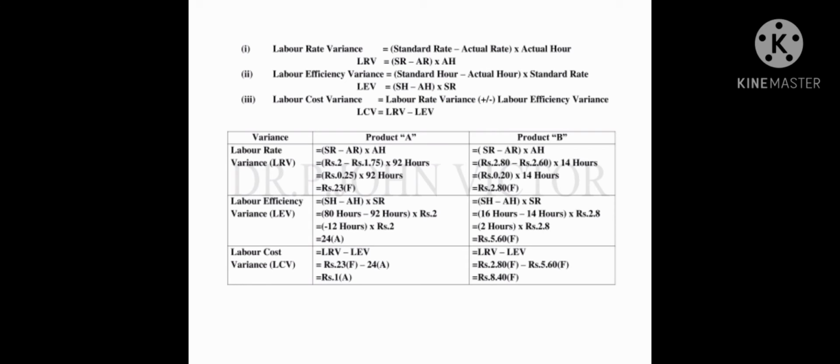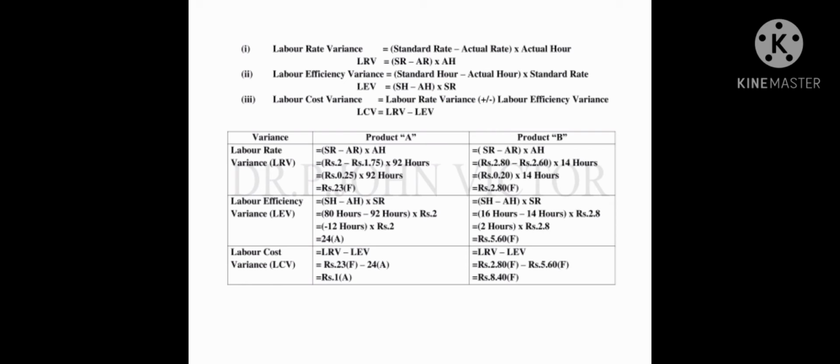In labor variance, there are 3 formulas given. Let me recall the formulas first for your welfare. Labor rate variance is equal to standard rate minus actual rate into actual hour. Second, labor efficiency variance is equal to standard hour minus actual hour into standard rate.